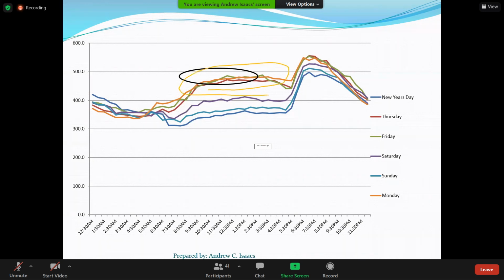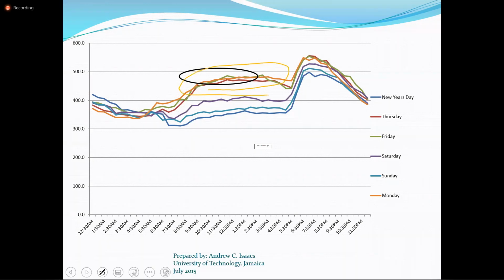Up top there, those curves represent your Friday and your Thursday and your Monday, right? These are all weekdays. So people going to work, factories running, stores, et cetera. So the demand is higher during that period for those curves, okay?